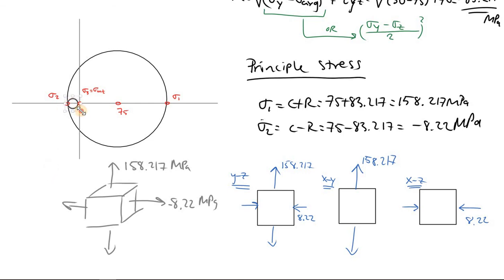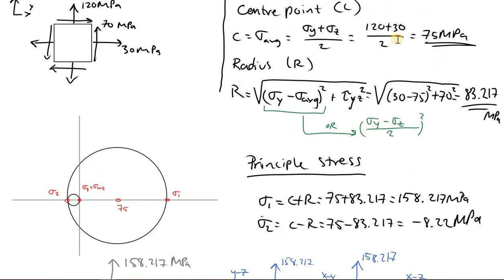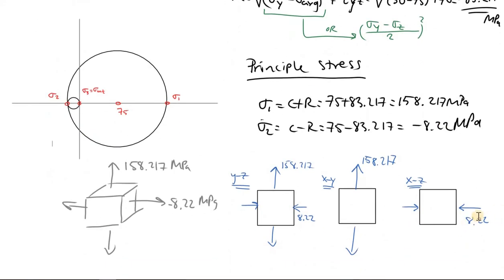So my smaller circle here, if we look at our elements that we just drew out, we actually know that this is our XZ plane. So recall our center point will be our average. Just by looking at this, we have just one stress, so it's this stress divided by 2. We could have gone ahead and done all the calculations, but we knew that the intersecting stress would be located there because we already found it.